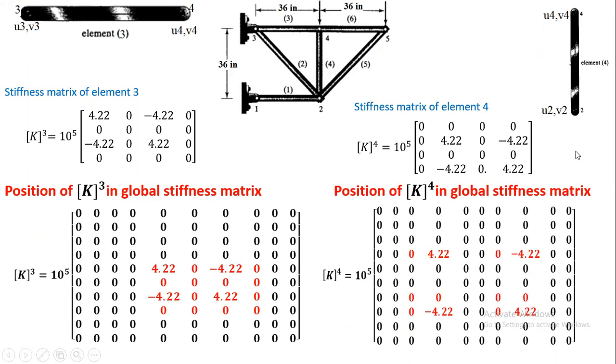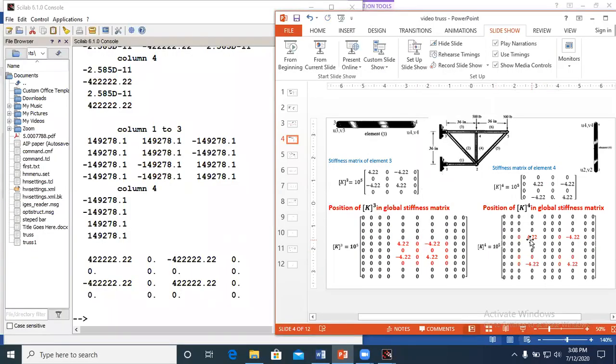Here I have made a mistake. It should be on this row. u2 is here. I will write here. Okay, it is a picture, so I could not modify it. I will show.